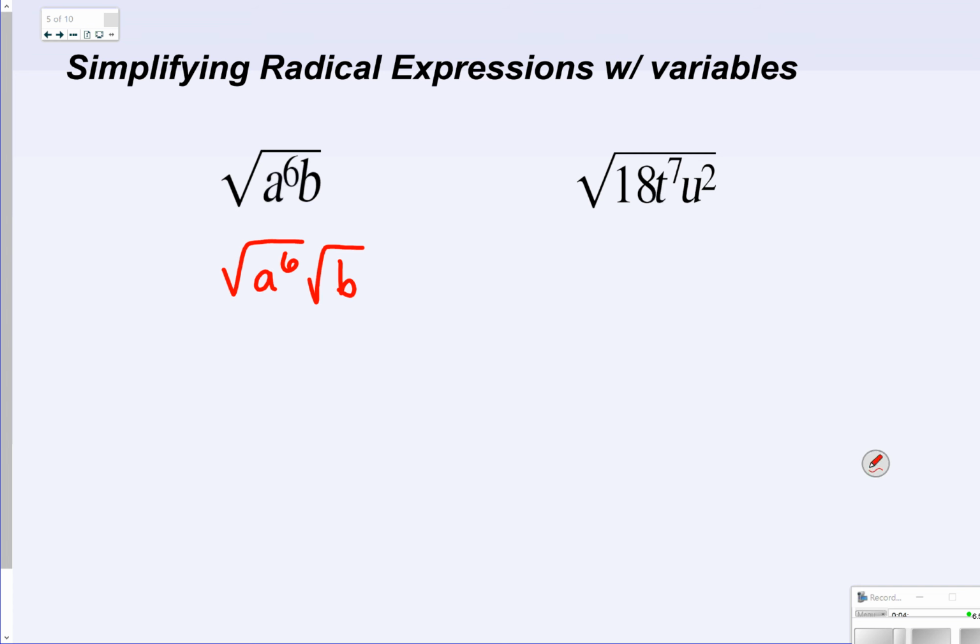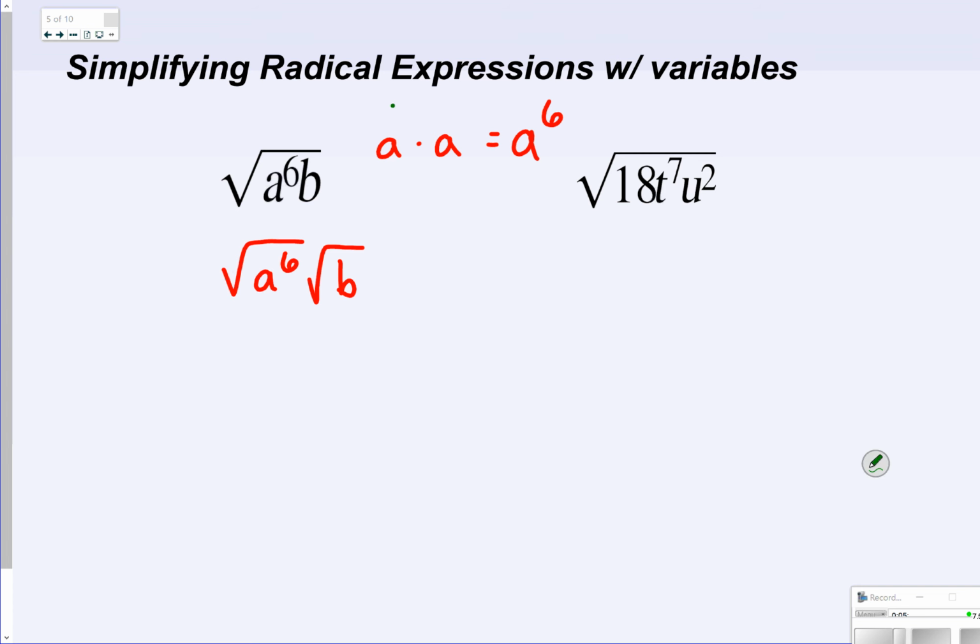So let's think about the square root of a to the 6th. If you think about this, a to the what power times a to the what power would give us a to the sixth. And if we remember, we know that that's going to be a to the third times a to the third is a to the sixth. So let's make that a little bit clearer.